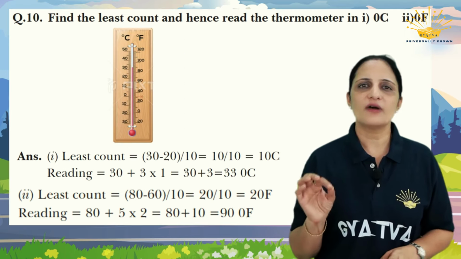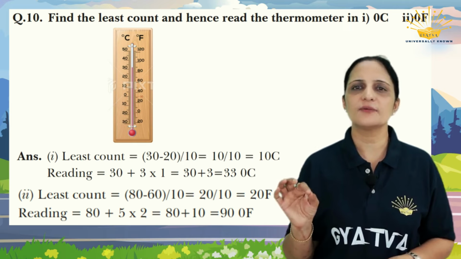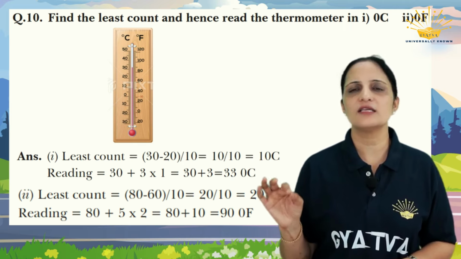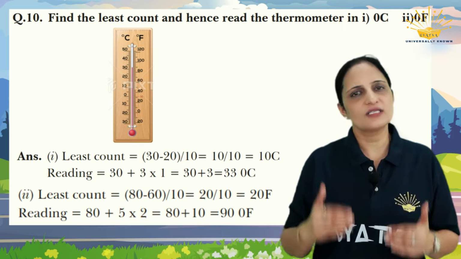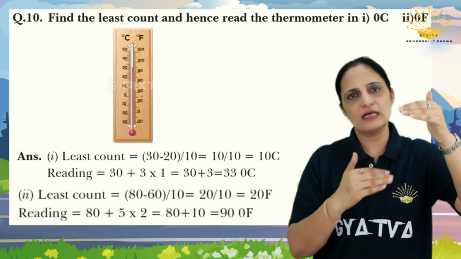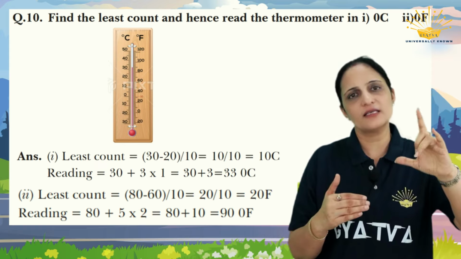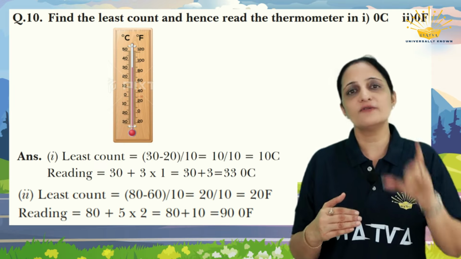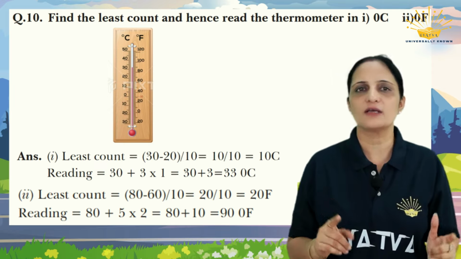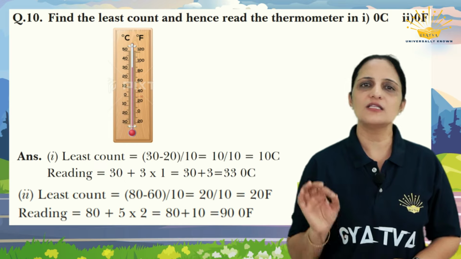Question number 10. Find the least count and hence read the thermometer in degree Celsius and degree Fahrenheit. So the same way, एक ऊपर वाली रीडिंग, एक नीचे नेक्स्ट रीडिंग, दोनों को माइनस करो डिवाइडेड बाय नंबर ऑफ डिविजन जो उन दोनों रीडिंग्स के बीच में, that will give you the least count.